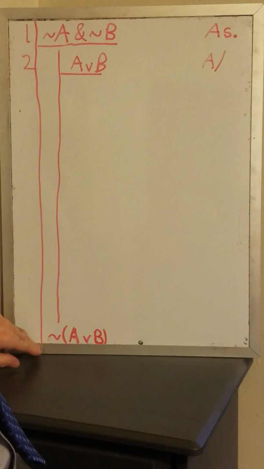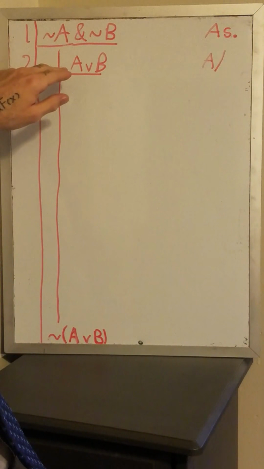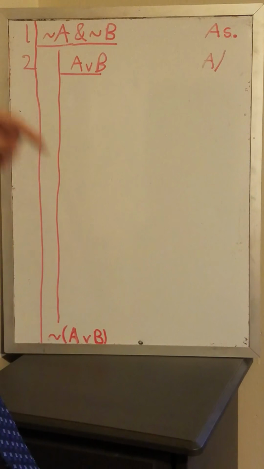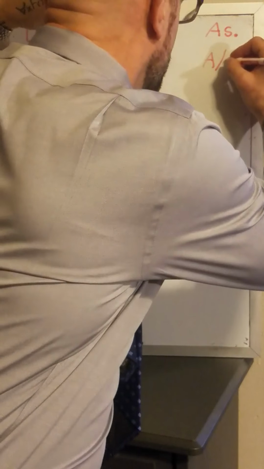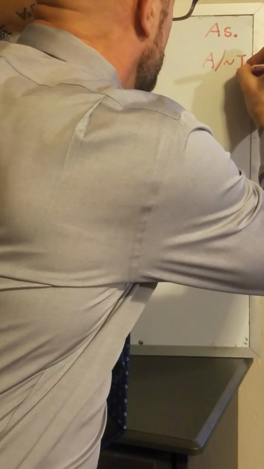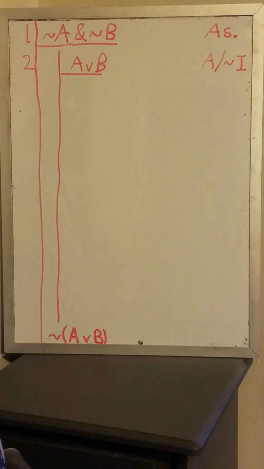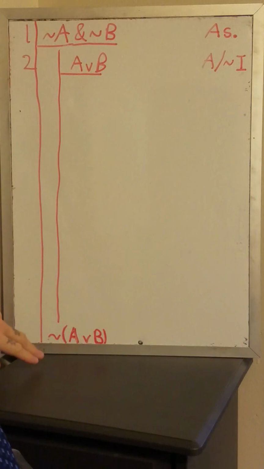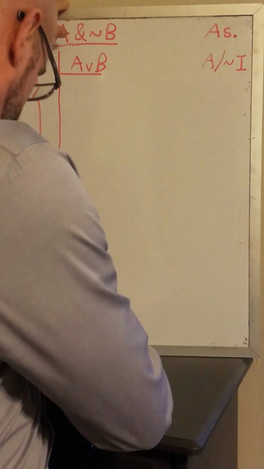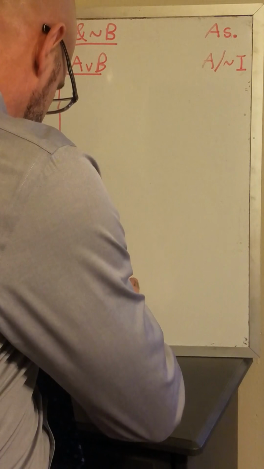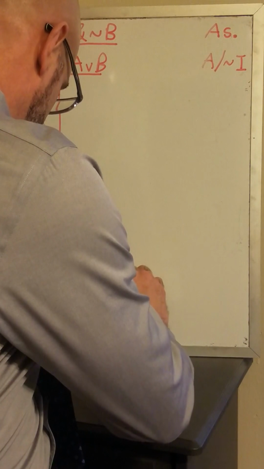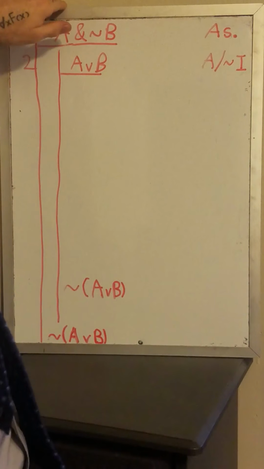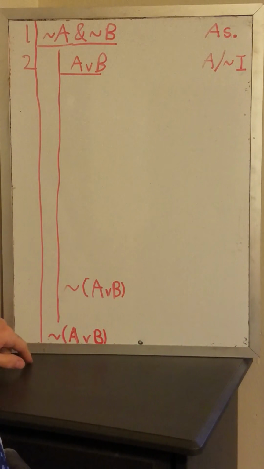So the rule that we're trying to use eventually here from this assumption is negation introduction. Now, what's kind of odd about this proof is that the contradiction that we're going to get from this is exactly what it was that we were trying to prove in the first place, which might seem a little bit strange.